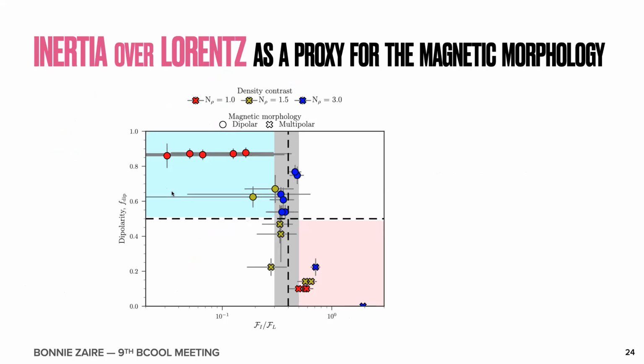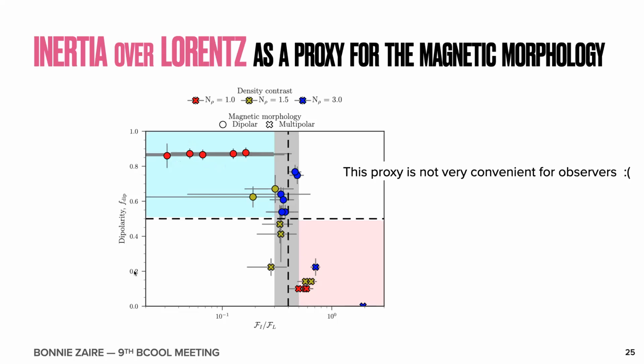We can see that when Lorentz is much stronger than inertia, we have these strong dipolar solutions. And as inertia gets important in this second order balance, it transitions to a more complex morphology. So it seems that when the Lorentz force is significant in the simulations, it's not only inertia divided by Coriolis that can capture this transition, but instead inertia divided by Lorentz.